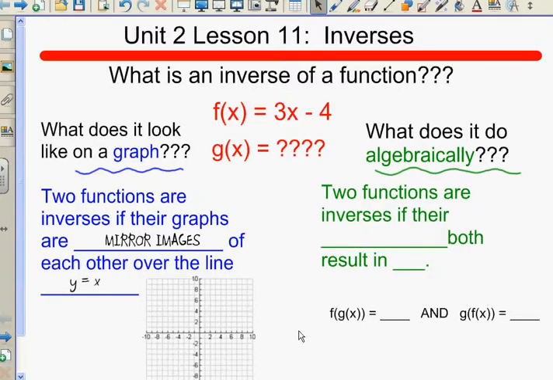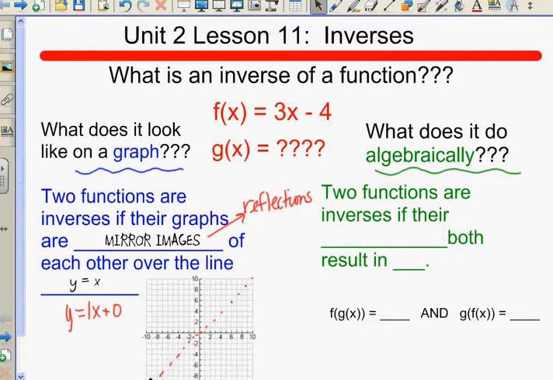Mirror images, our true math word for that, are reflections of each other over the line y equals x. And please keep in mind y equals x is the same as y equals 1x plus 0. That's the dashed line that splits the quadrants right in half. That dashed line is our mirror, and our functions need to be reflected over that.